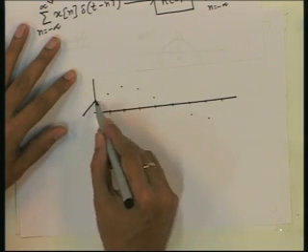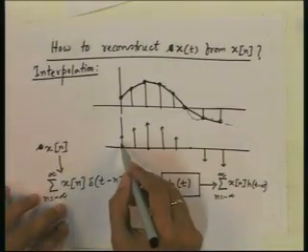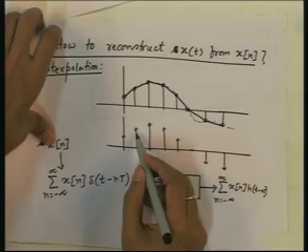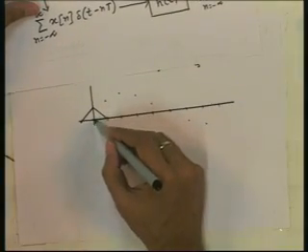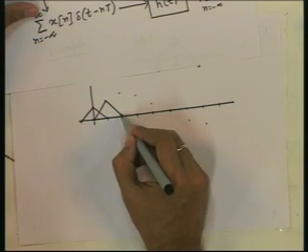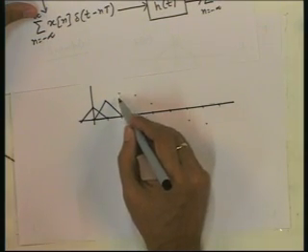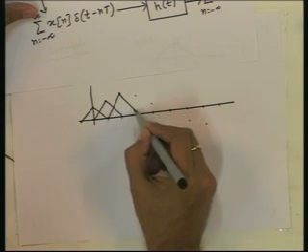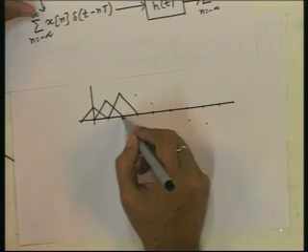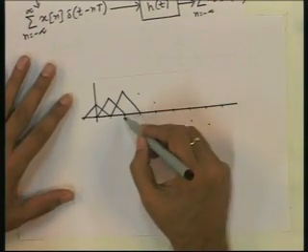H t will be placed here, that is the convolution of this delta with H t. Convolution of delta here and H t will be this, just the H t shifted to this position after multiplying by the magnitude of this delta.